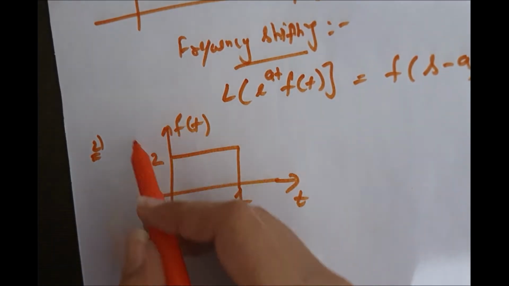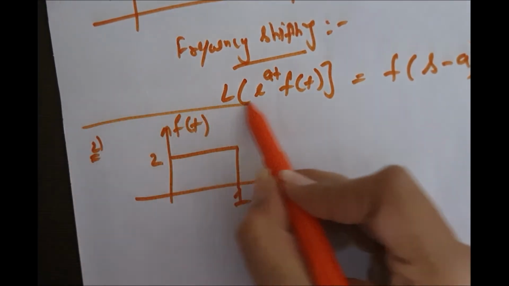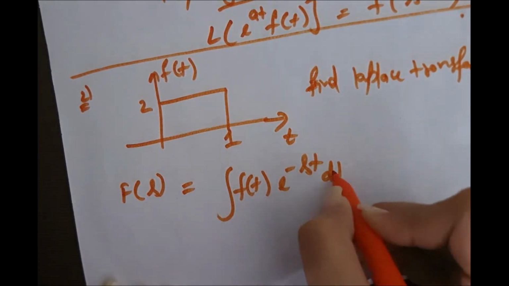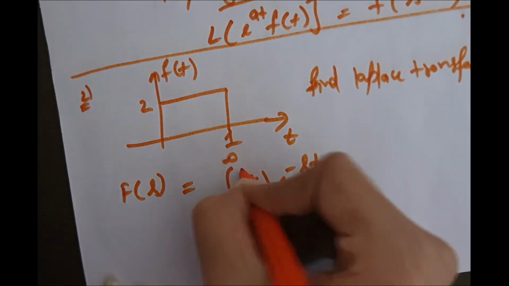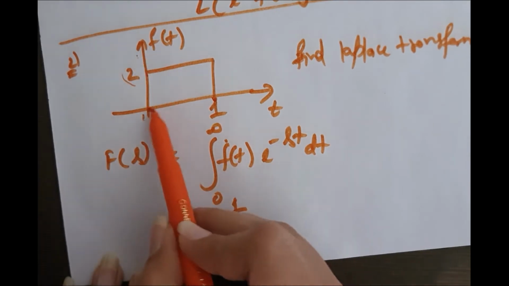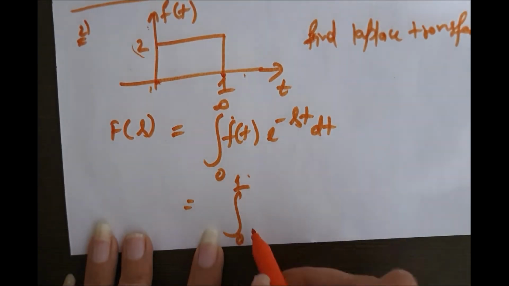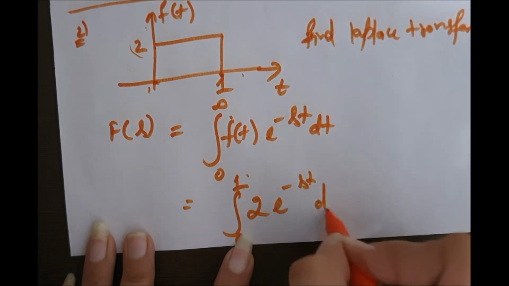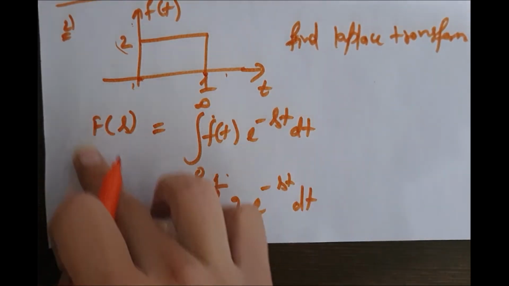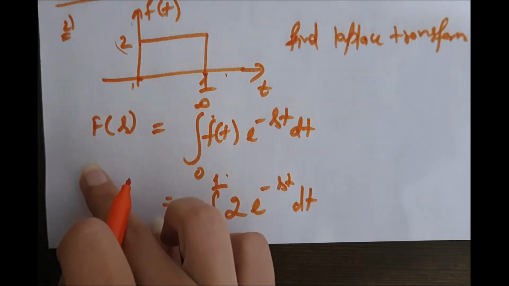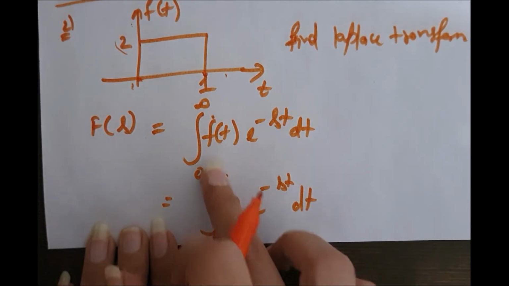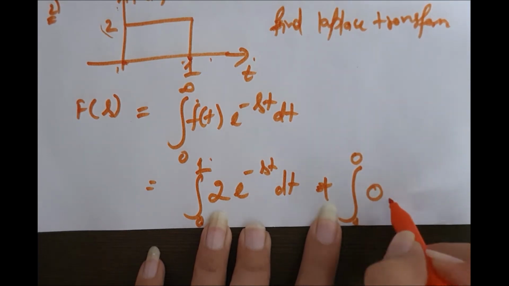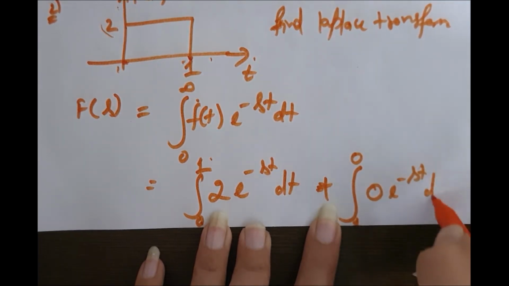If you are asked to find the Laplace transform of this function, F(s) is the integral of f(t) exponential minus st dt. Here f(t) is 2 from 0 to 1. So from 0 to 1, it is 2 exponential minus st dt. If you remember, this is the method to find the Laplace transform of a function if the function is in the time domain, and it is 0 otherwise.